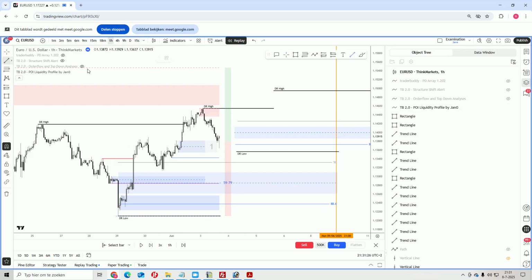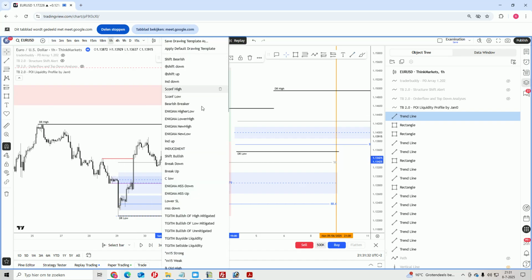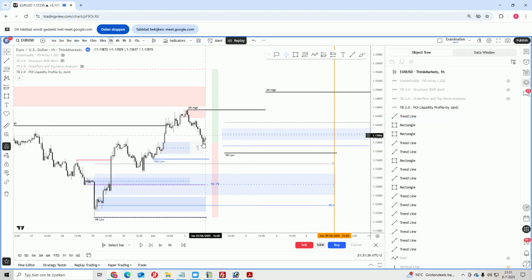Our next POI zone is this old low. But when we are here, we are in discount, we are in a higher time frame PD array bullish, and we are bullish. So our first time we can check for a buy opportunity is when we touch this POI zone. That's the first POI zone inside the discount.